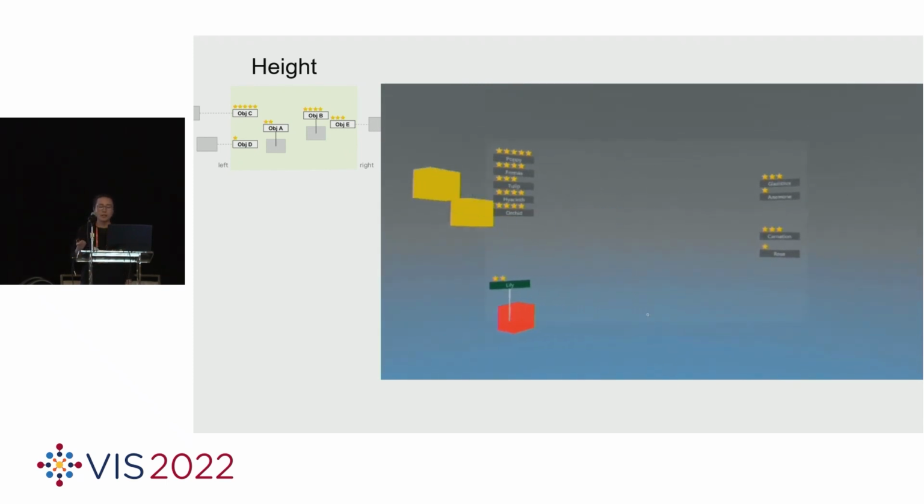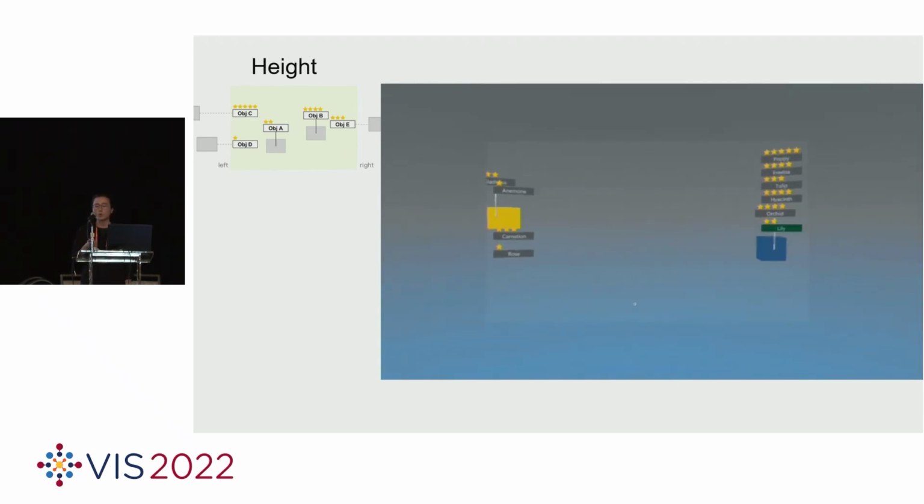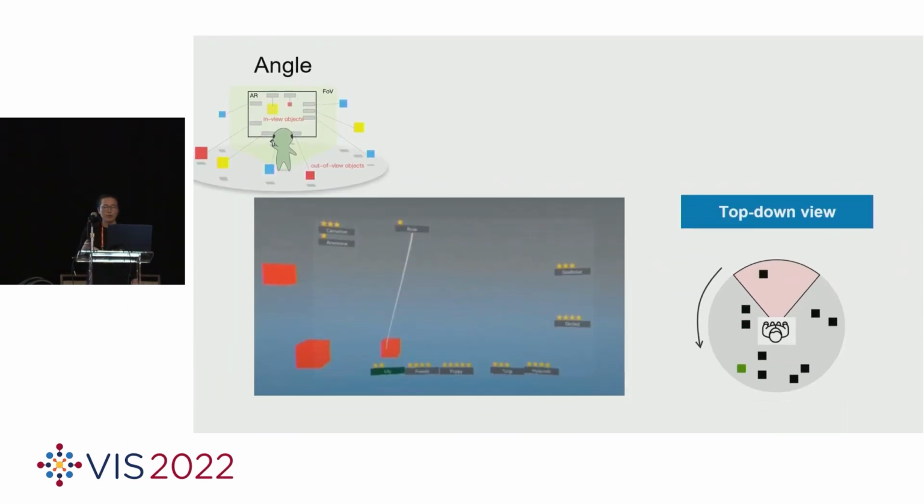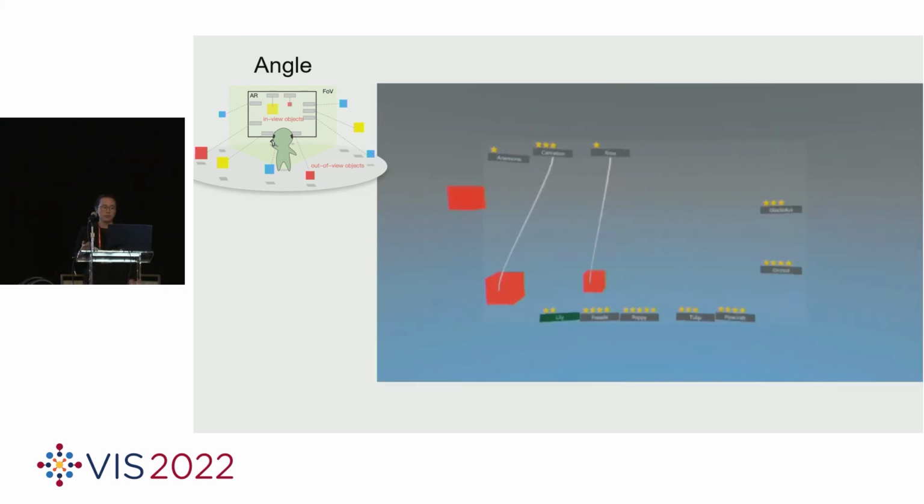Labels are placed on the left or right boundary depending on which way the object is closer. And angle labels encode the object's relative direction to the user from the top-down view. So the top is the front and the bottom is the back. For example, the object with the green label on the bottom left of the AR screen is behind the user to the left. So the labels will rotate around the AR screen as the user turns.